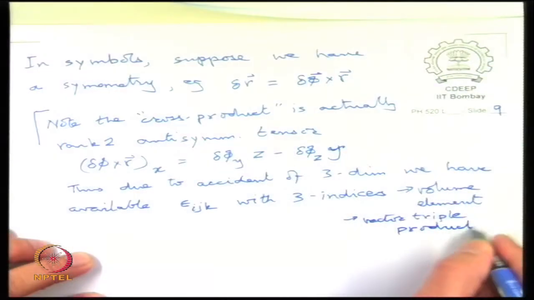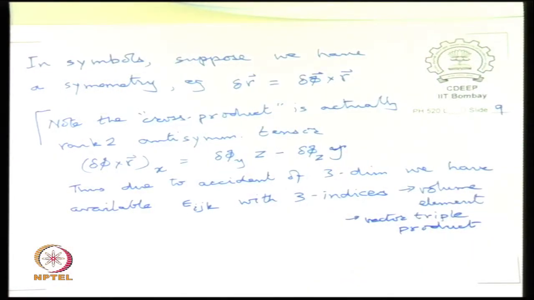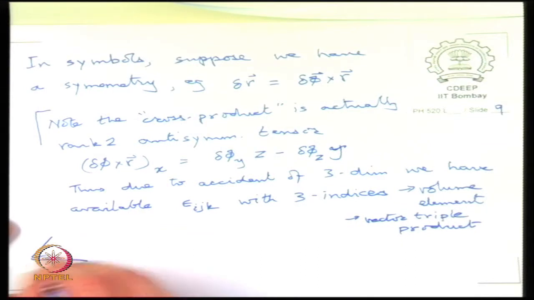It is the same as the triple product. So it gives the volume because it says A dot B cross C. So when I do B cross C, I get something here.